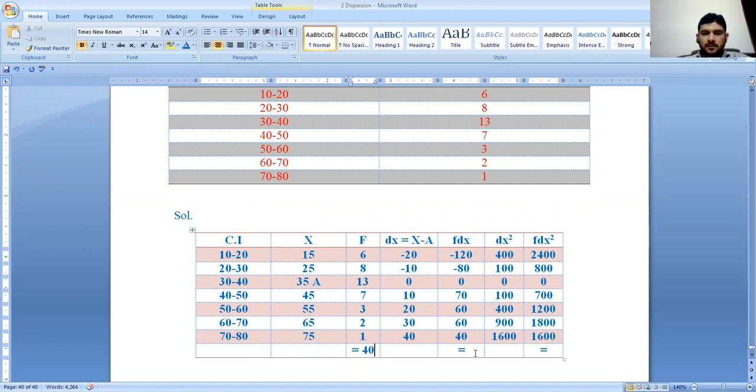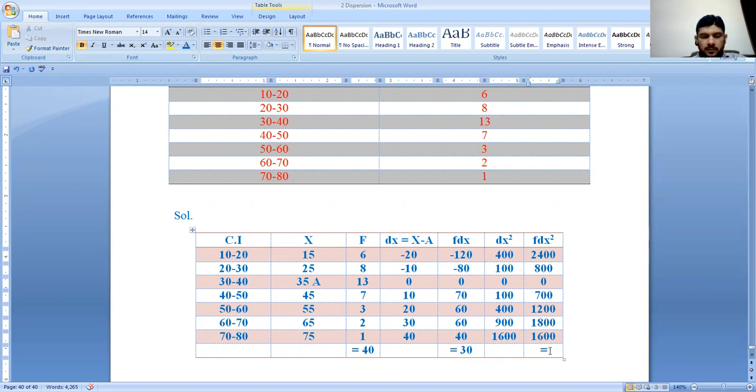Now sigma fdx is equal to minus 120 minus 80, that will be minus 200. And after that we have 70 plus 60 plus 60 plus 40, which is equal to 230. 230 is a positive value and 200 is negative, so it will be 30.